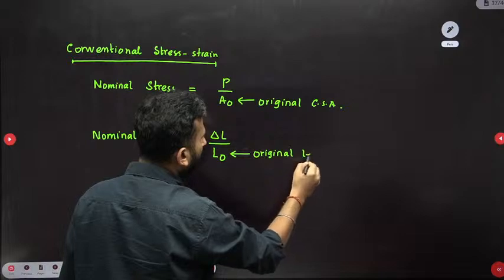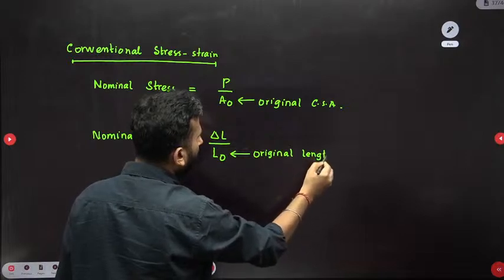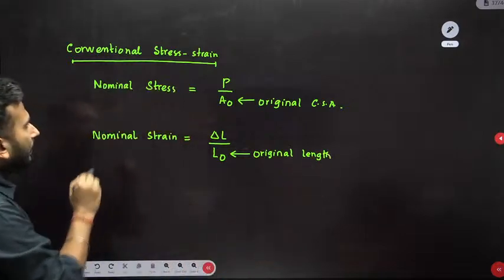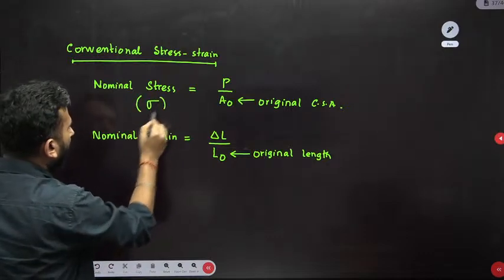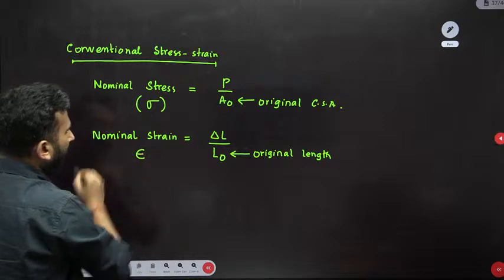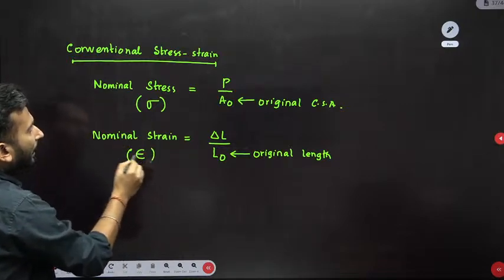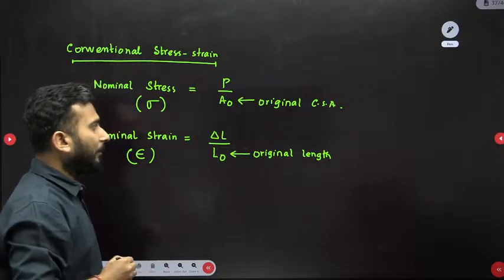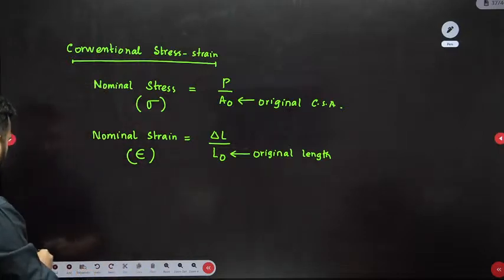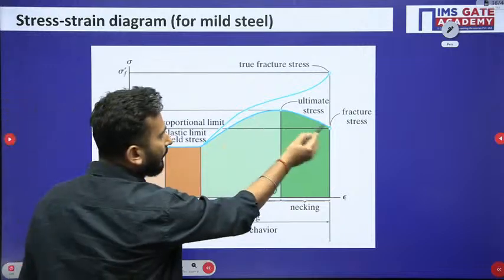Let's say the nominal stress is sigma and the nominal strain is epsilon. The relationship between sigma and epsilon is plotted on the conventional stress strain curve, and that is the relation you are seeing over here.